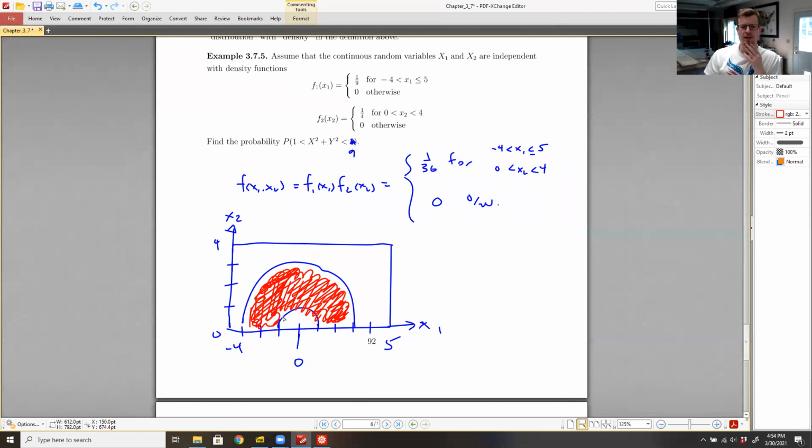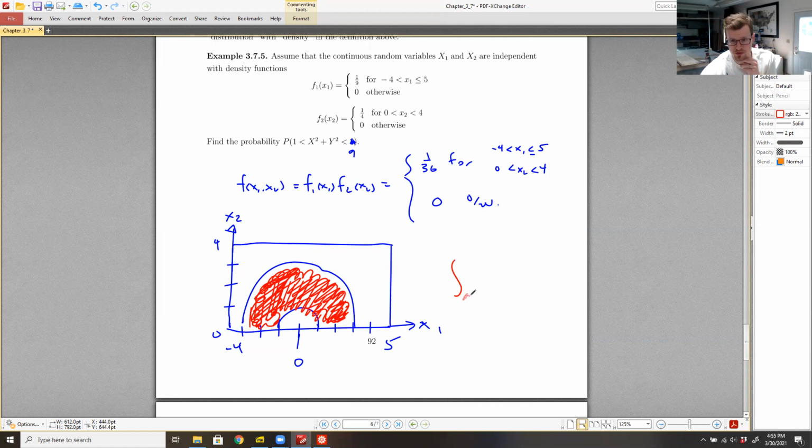So what I want to do is recognize that if I want to calculate the probability that our x and y values will take on those values inside the red region, I'm integrating over that region, but I can do that, right?